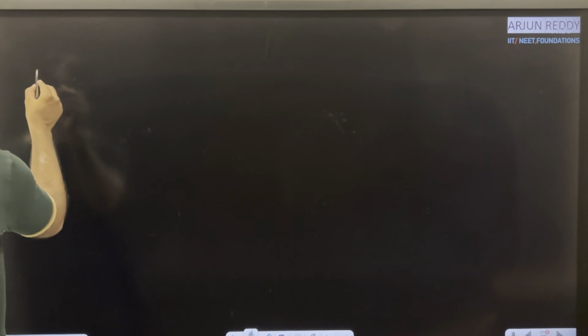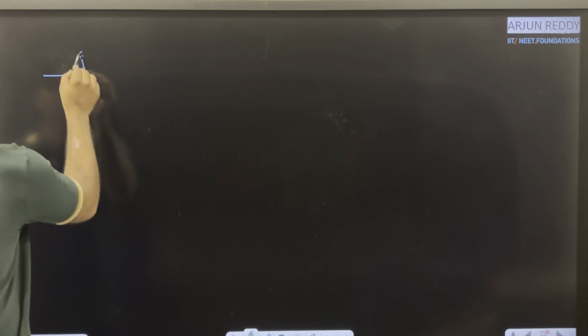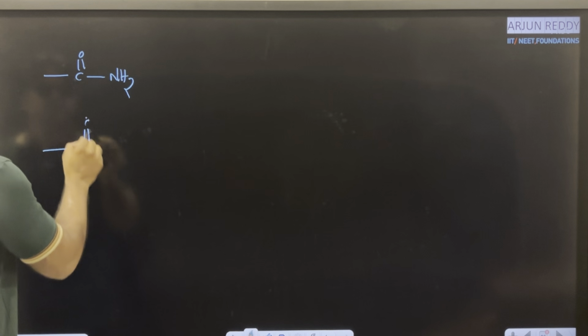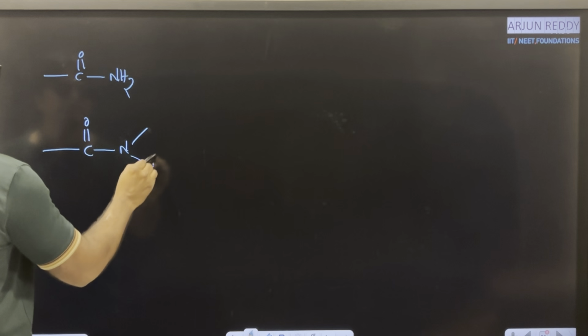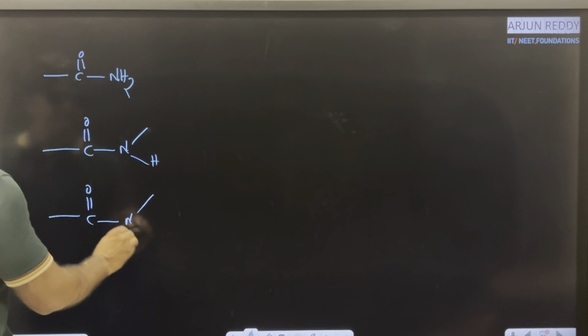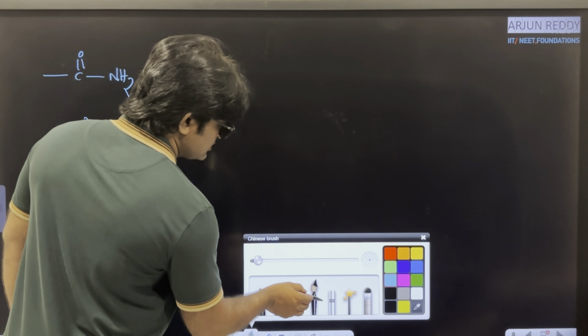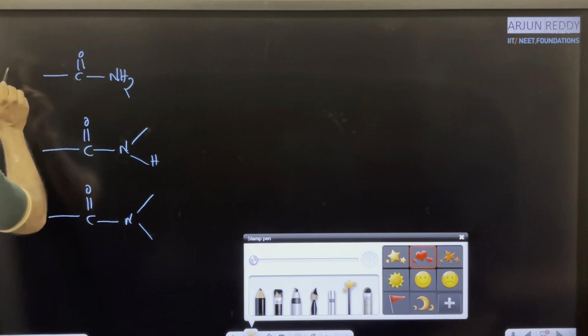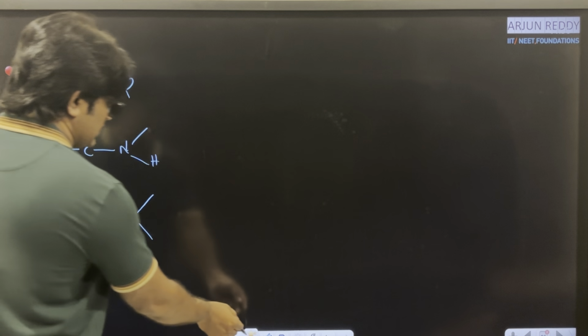For example, C double bond O NH2 is given, C double bond O NH is given, C double bond O N is given. Just like amines, these three are also very important.